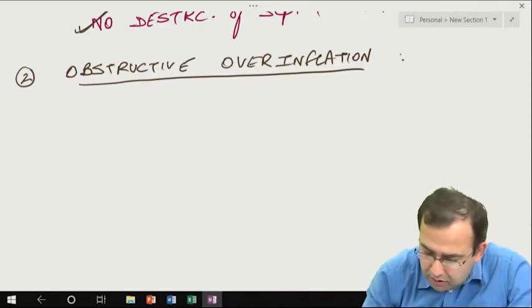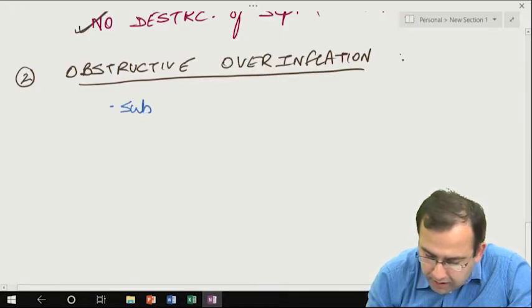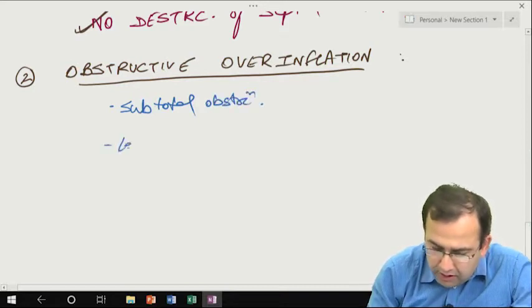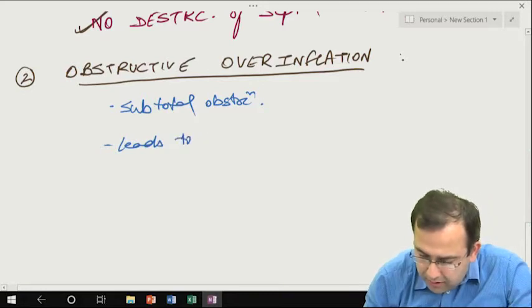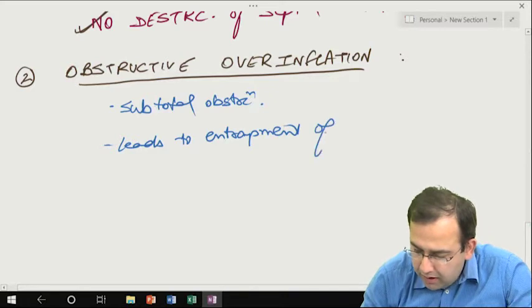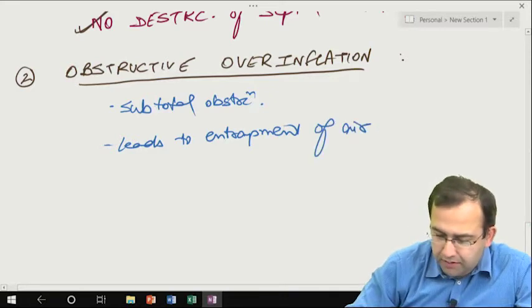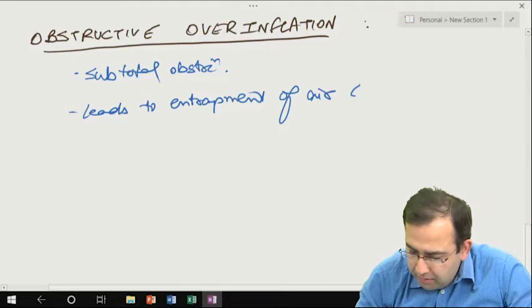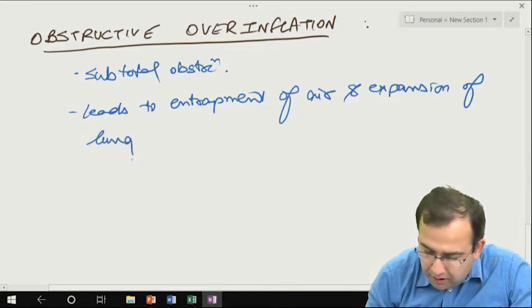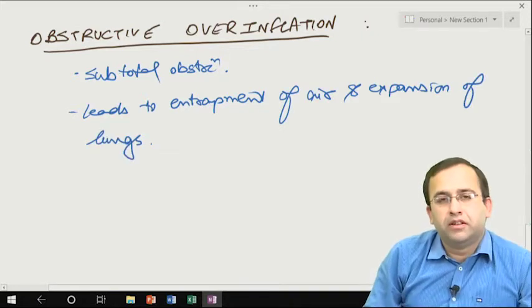So it is associated with subtotal obstruction, which in turn leads to entrapment of air and expansion of lungs.